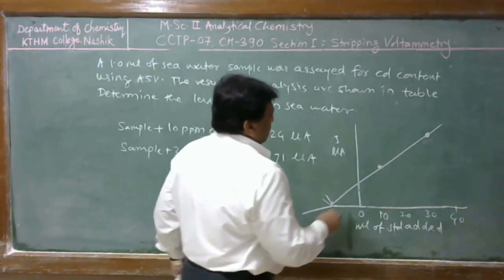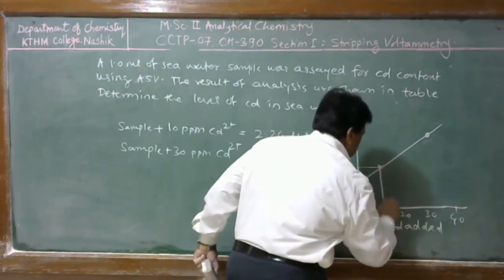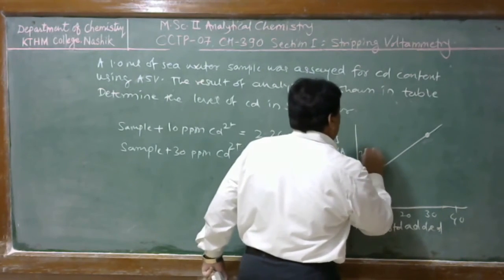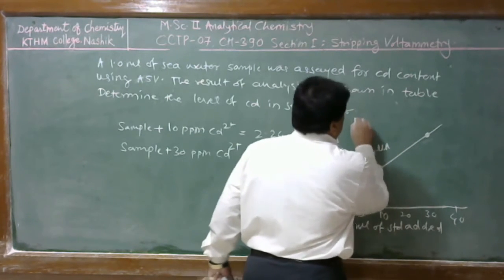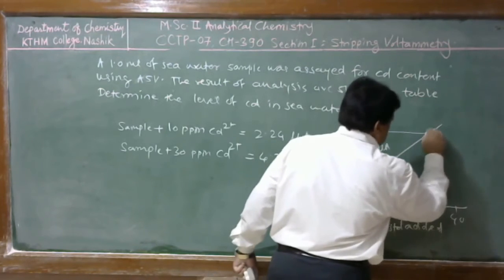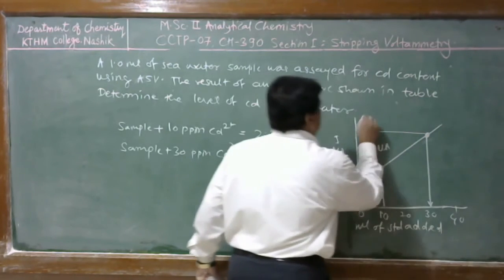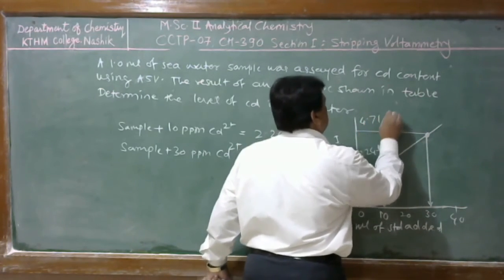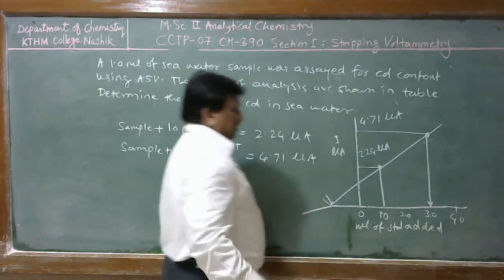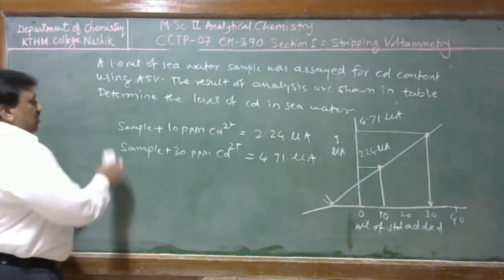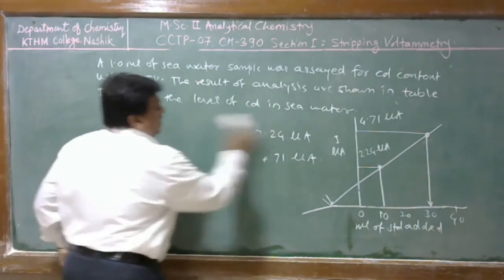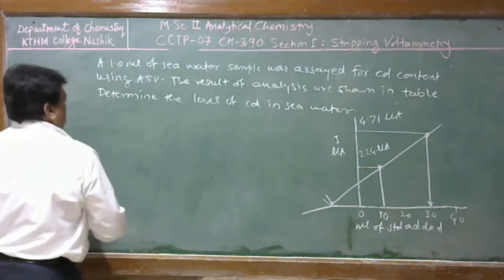But here the peak current in the table is 2.24 microampere, and the other peak current is 4.71 microampere. We have to find out the amount of cadmium in the seawater.